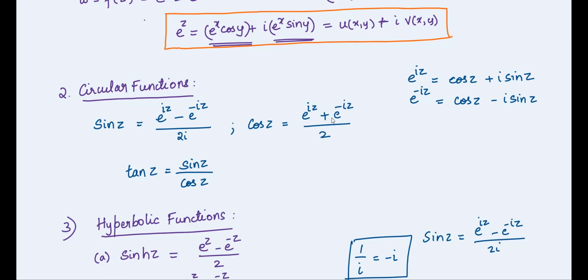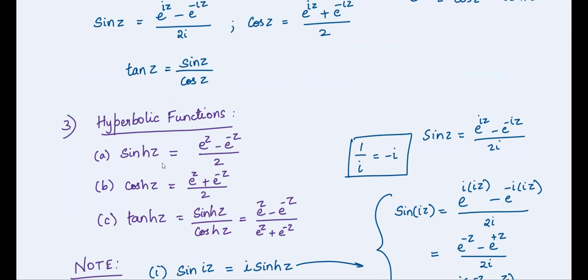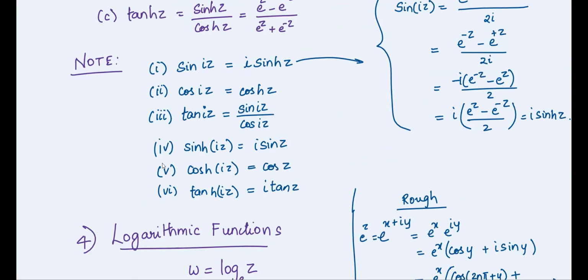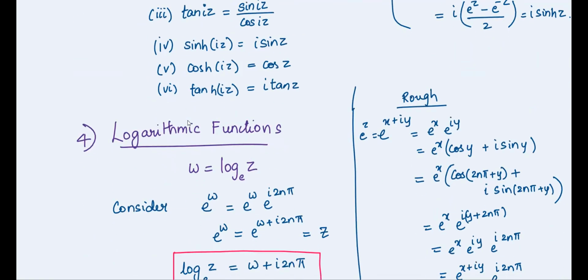Cosine function is e power iz plus e power minus iz upon 2, and tan is sin z by cos z, right? And then hyperbolic functions we discussed, and the relationship between hyperbolic and sine functions in complex planes. So these are the things that we discussed in the last class. And finally, logarithmic function.